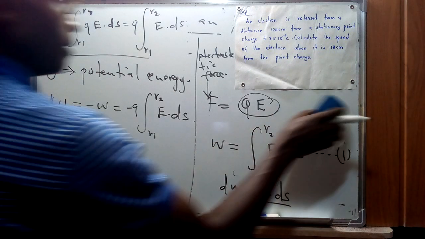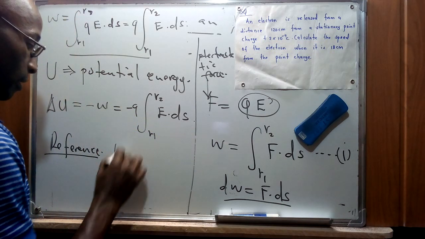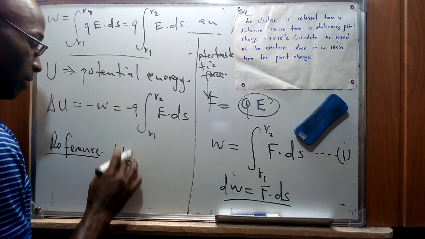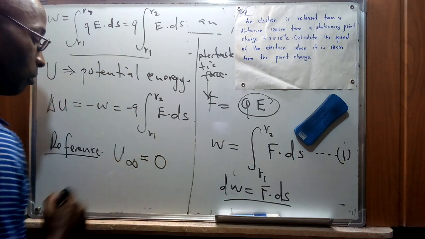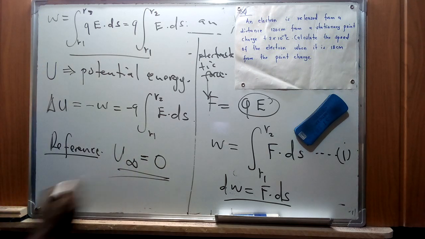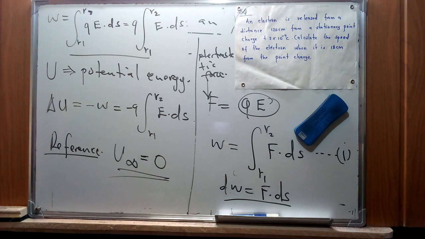So this basically entails the concept that the potential energy at infinity is equal to 0. Now that one will be our point of reference, and that will assist us to find the difference in potential energy between R1 and R2.